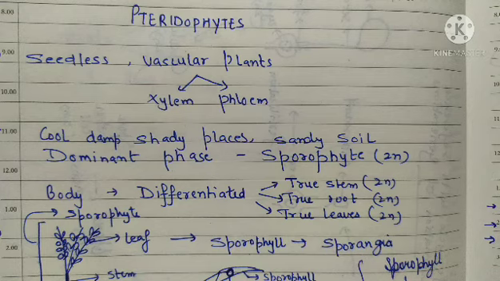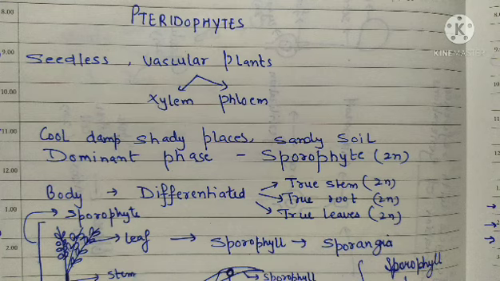These are the seedless vascular plants. Vascular plants means they have xylem and phloem tissue. And these plants are found in cool, shady places or in sandy soil.